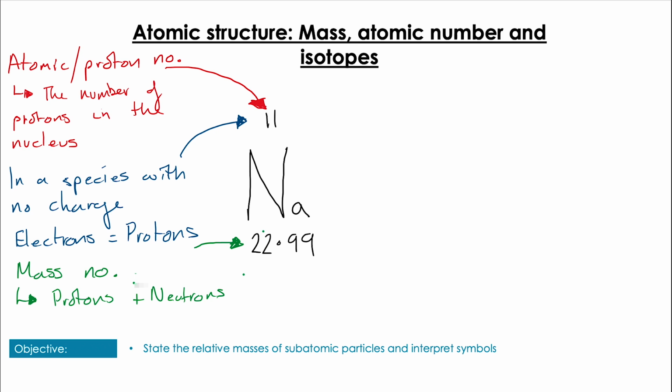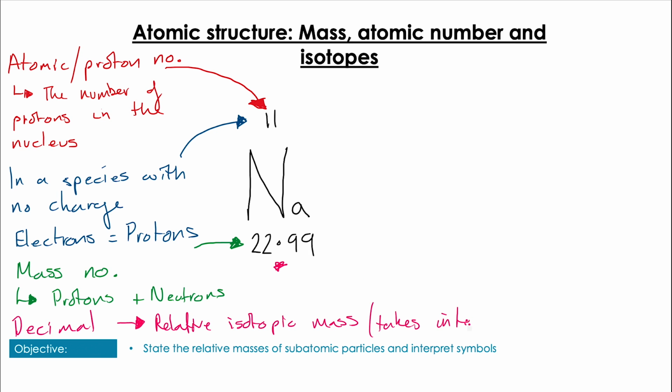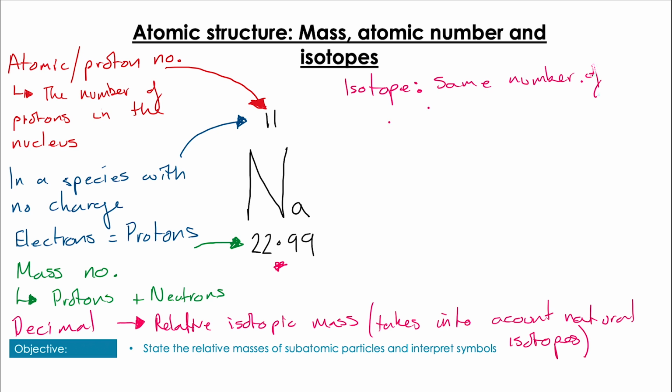Now, obviously, you've noticed here, well, how do we get a decimal number of neutrons? This is taking into account the fact that we have different isotopes. So this is the relative isotopic mass. And this takes into account all of the different isotopes that naturally occur and gives us an average of their abundance. Just to define isotope, we have the same number of protons, but a different number of neutrons.